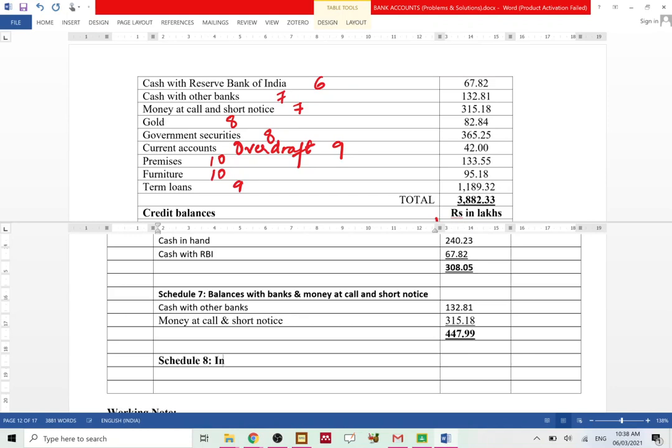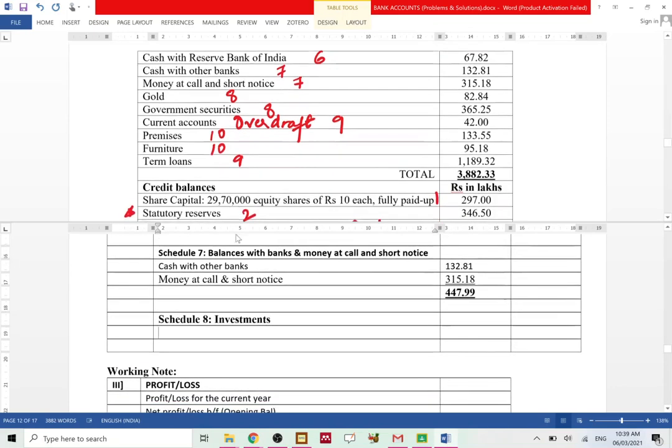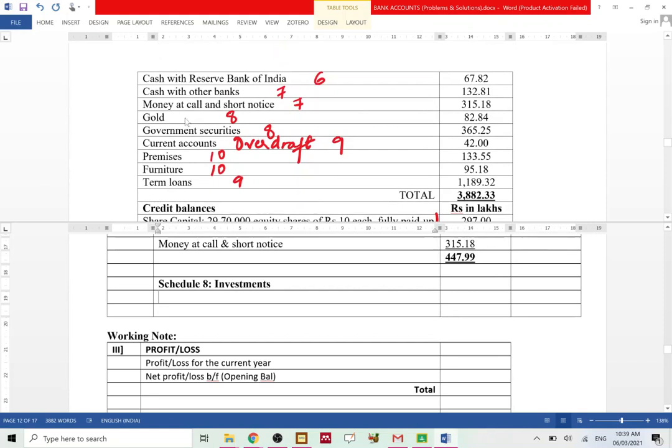Okay, so schedule 8 is investments, and we have already identified which are the investments. We've got gold and government securities. So gold is worth 82.84. Let's not underline this.